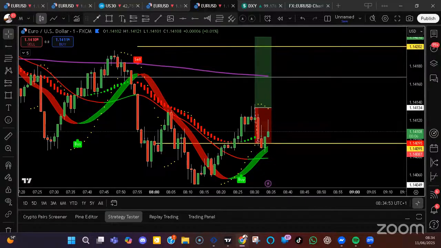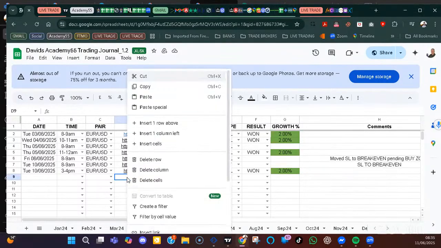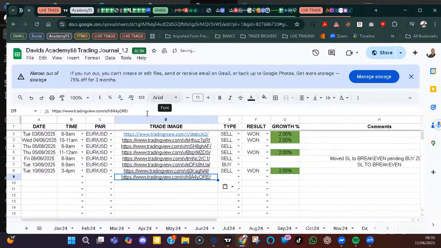All the results are recorded also. We've had a couple, 2 or 3 break evens. That last break even went on to win 2%, but hey ho. So I'm going to put this down. As you can see, I've got 8% already. I've only got a target of 10% to reach for the month, but we've had a little loss now, so it's now 7%, obviously. So I'll put that in there.